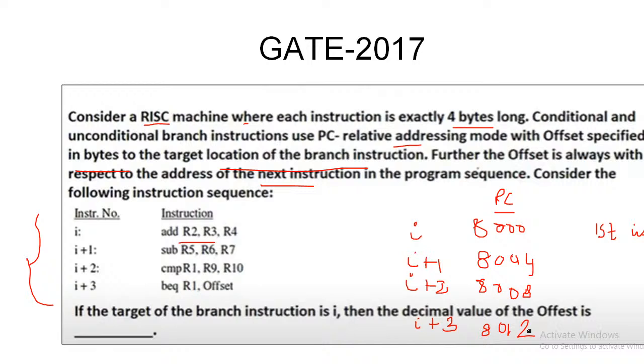Now you can see after this, the target of the branch instruction is I, meaning after this it will target I again. So what is going to be the next program counter value? It will be 8016, the address of the target instruction.